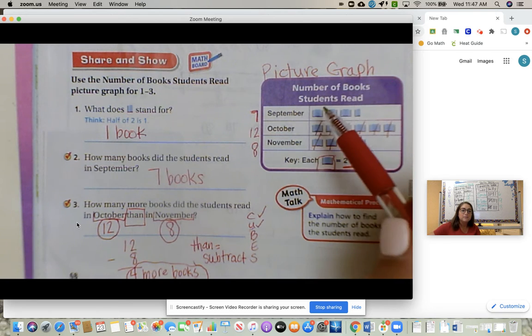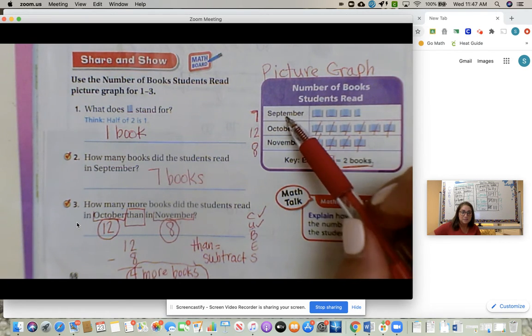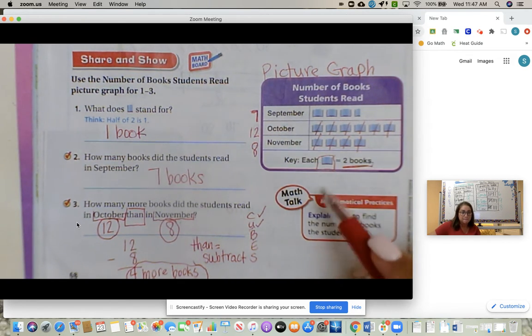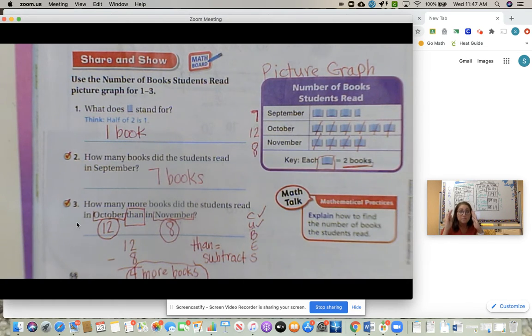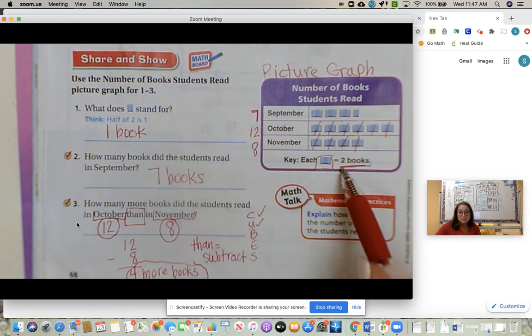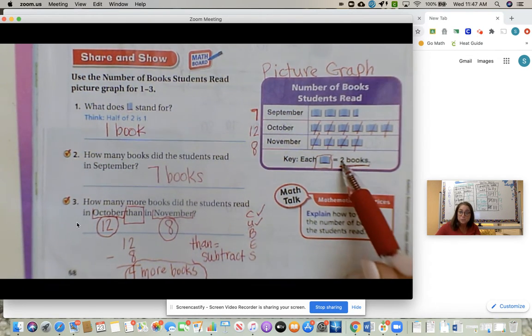We're looking at number of books students read in September, October, and November. Our key says each whole picture of a book represents 2 books. We're not skip counting by 10s, not 5s, we're skip counting by 2s.